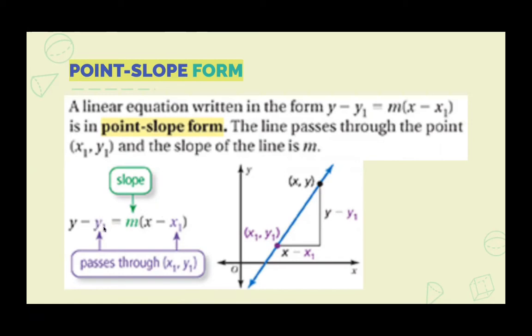So y minus y1, that's going to be the y coordinate of your point. M will be your slope, and then times x minus x1. x1 will be your x coordinate of your ordered pair. y and x will just remain as they are in the equation.